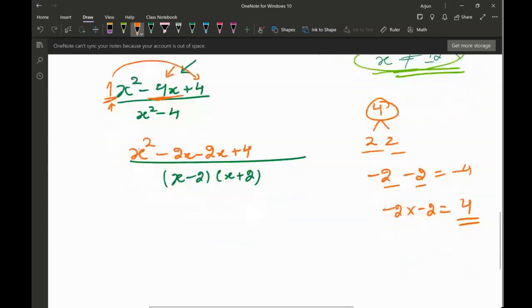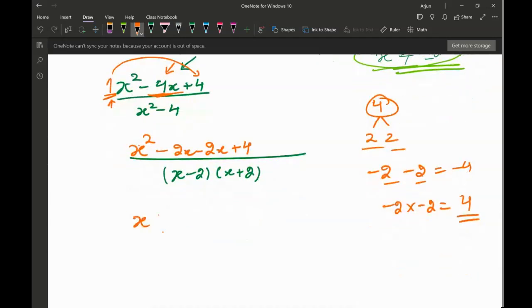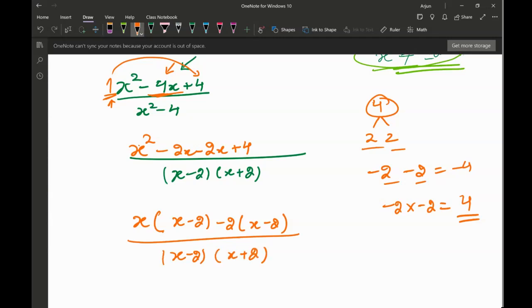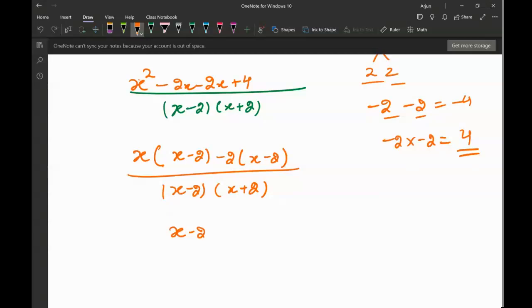And now I'll start taking x common from the top, and then x minus 2 minus 2 x minus 2, and then on the bottom x minus 2 x plus 2, and then x minus 2 here, x minus 2 one more time, and on the bottom x minus 2 and x plus 2.